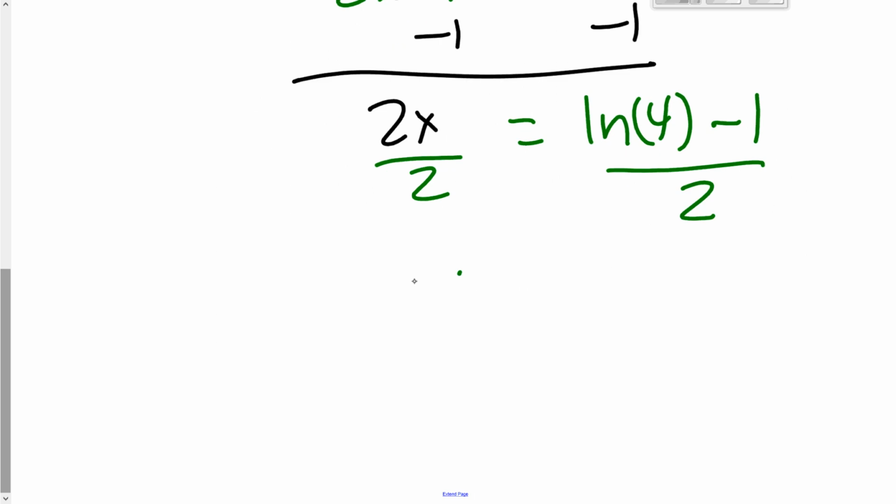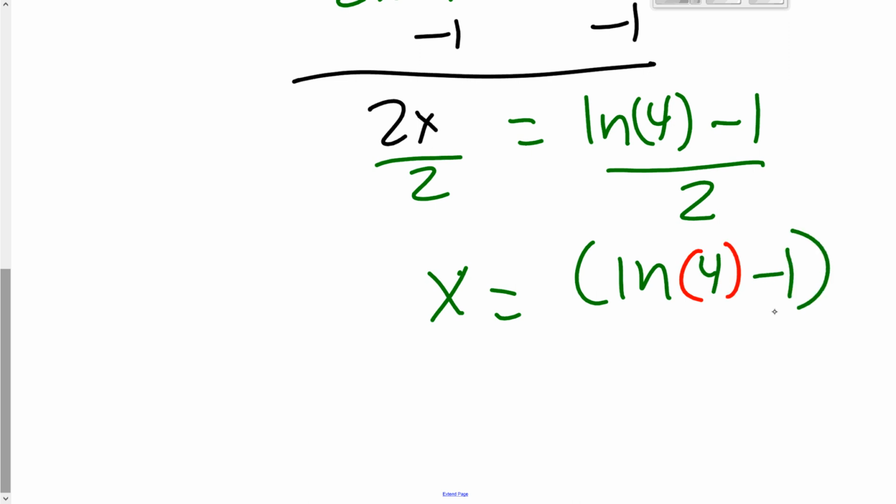So then on my calculator, this is what I type, because now I have two terms in my numerator, so I need to put my numerator in parentheses. When you click that ln button, it's going to bring up a parenthesis. Then you can type in 4, close that parenthesis, and then close your numerator after you subtract 1. And then you're going to divide by 2. If you don't put this in parentheses, your calculator is actually going to take 4 minus 1 and get 3 and take ln of 3.